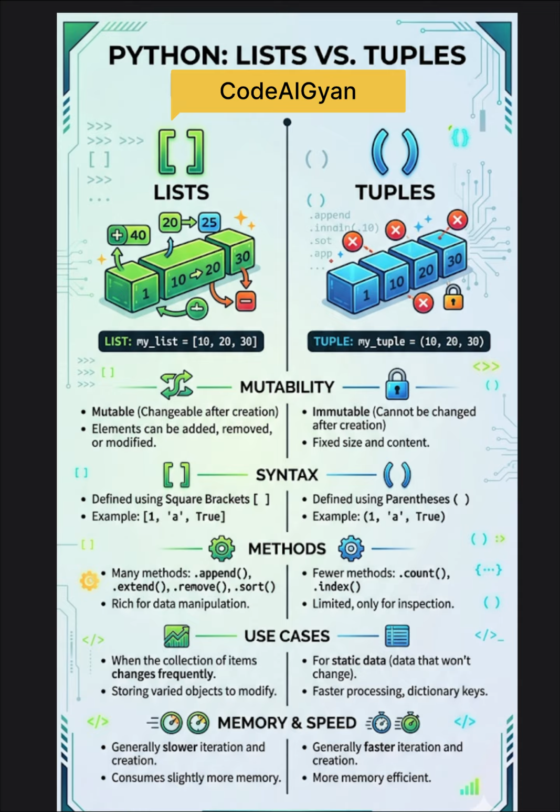And generally, if we compare the memory and the speed of the list and tuple, the tuple is much faster, because we don't change the value inside that, and it is more efficient because we are not changing any value in between. On the other hand, in the case of list, it is slower compared to tuples, right?